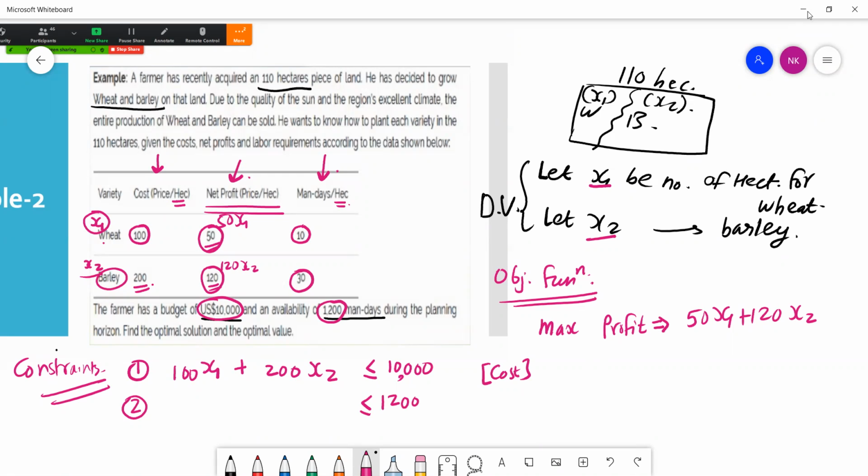Thereby, per hectare I require 10 man days, so for x1 hectares I will require 10 x1 man days, plus 30 man days per hectare for barley, and I have overall x2 hectares. So this is the constraint for man days.